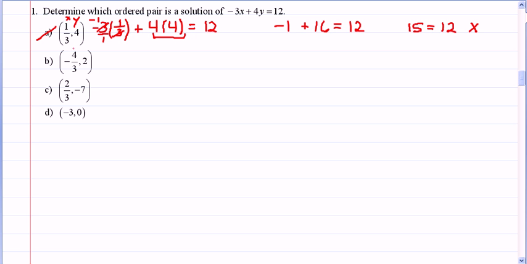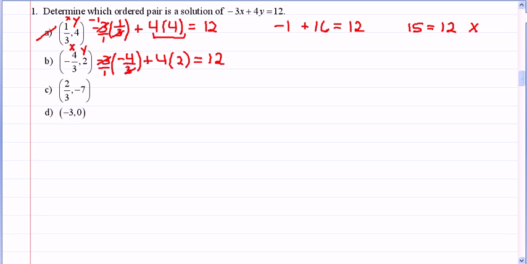So choice B, now we'll substitute negative 4/3 in for x and 2 in for y. So we have negative 3 times negative 4/3 plus 4 times 2. And now we want to see if this is equal to 12. So we take negative 3 and write it over 1.